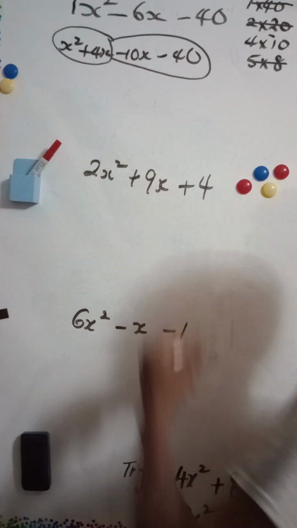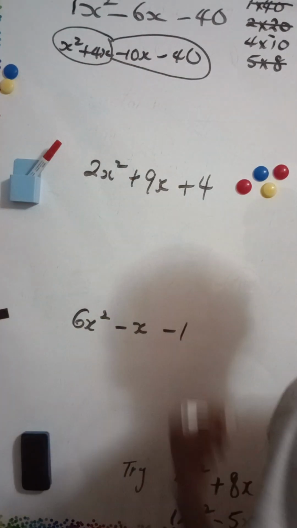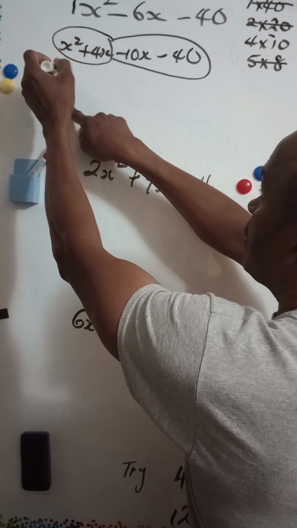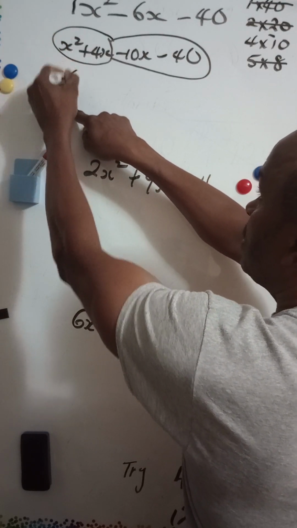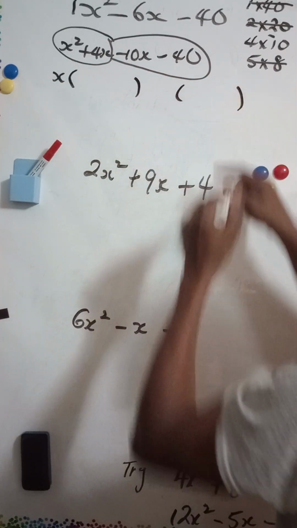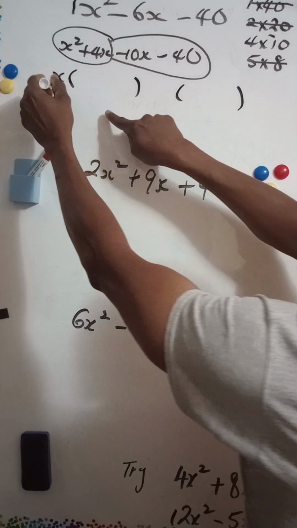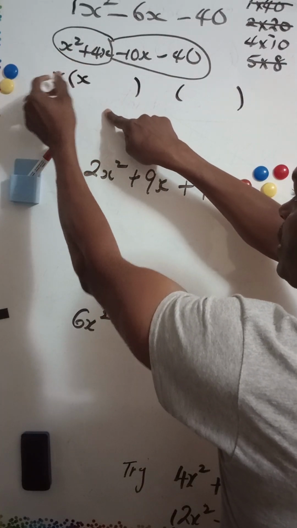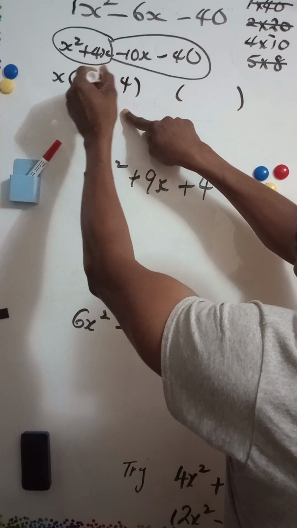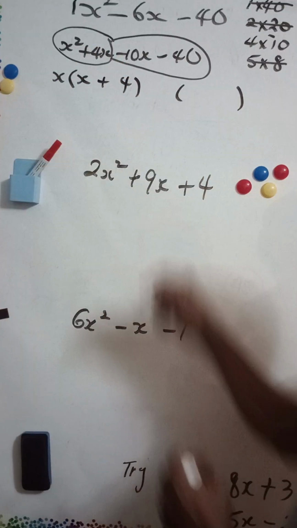Here we have x coming, so we're going to have x times, and of course I'm going to set up my parentheses. So x into x squared is x, because x times x is x squared, and x into 4x is 4, because x times 4 is 4x.